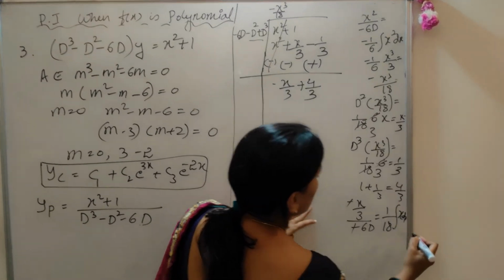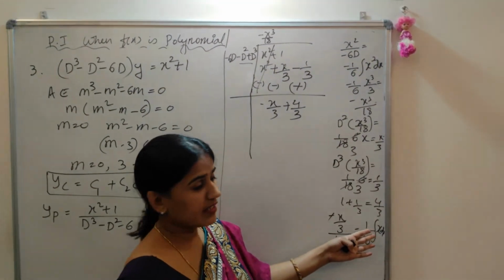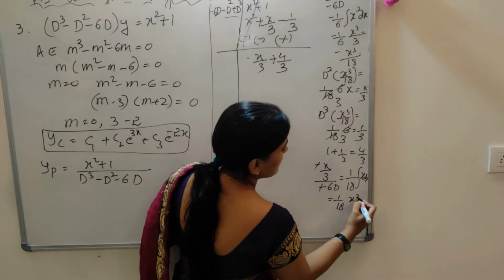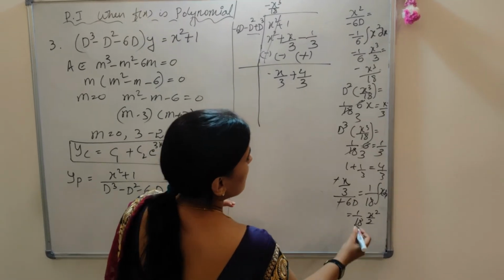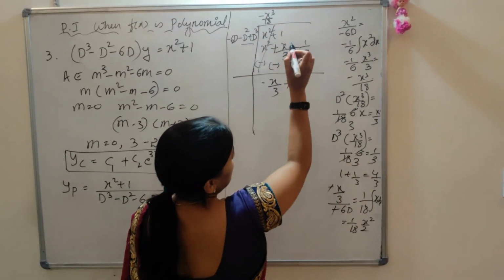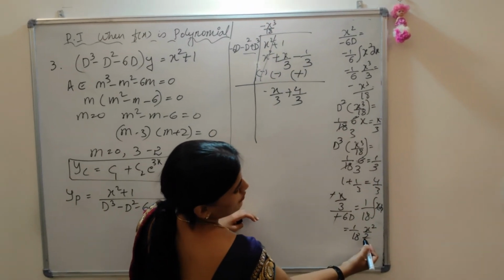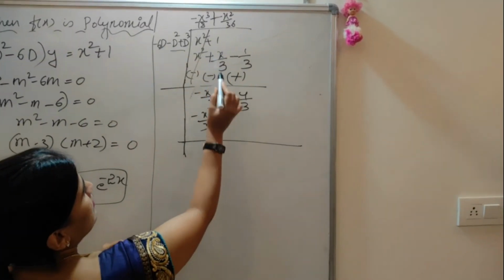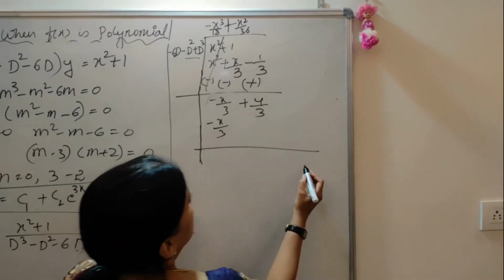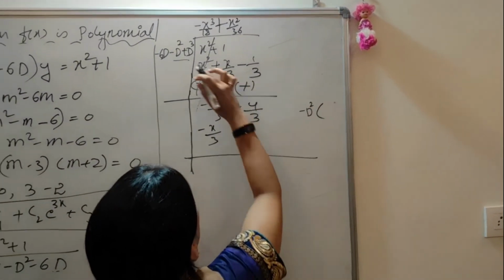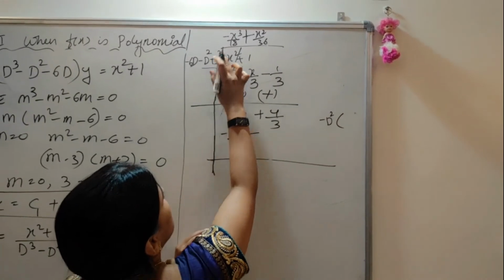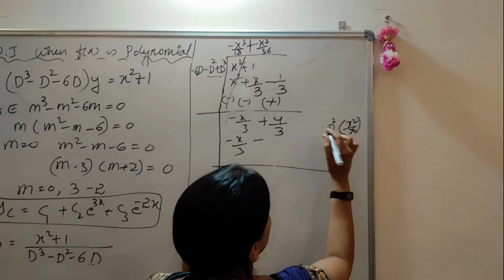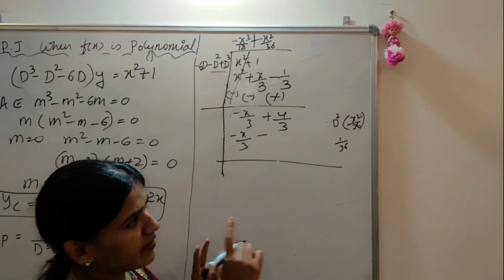Have we cleared this? 1/D means integration, I have taken it directly. So 1/18 times integration of x is x²/2, so the next term is x²/36. Then we got −x/3.